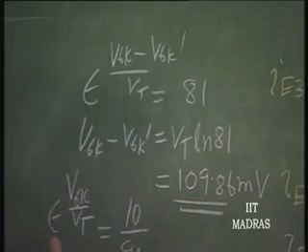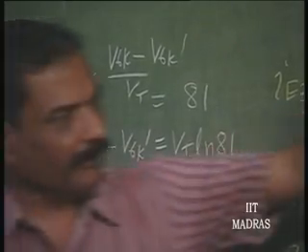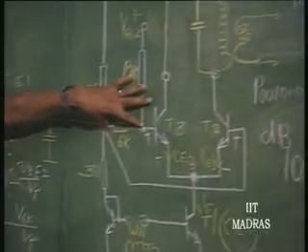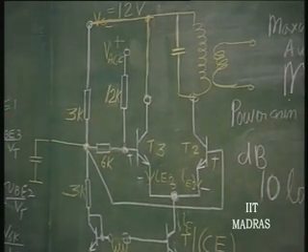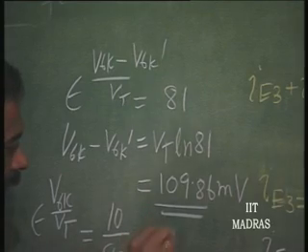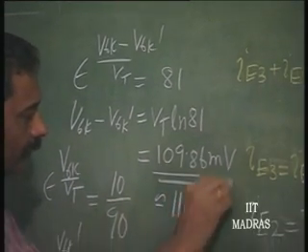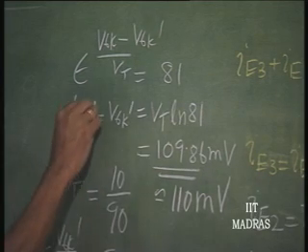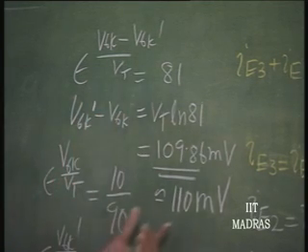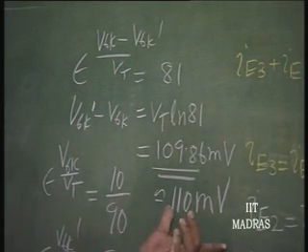So, the change in voltage necessary at the bases is approximately 110 millivolts. V6K prime minus V6K is equal to 110 millivolts.